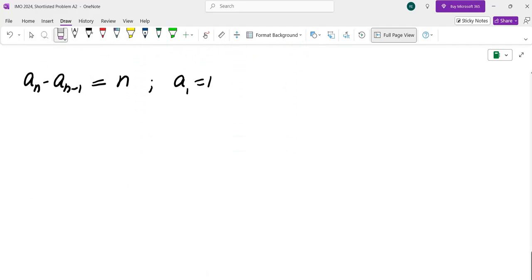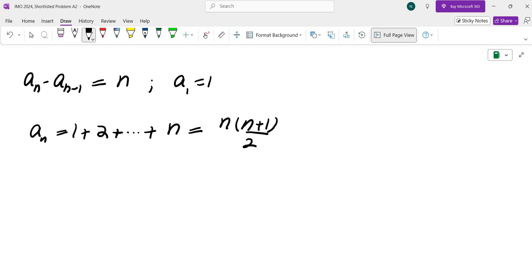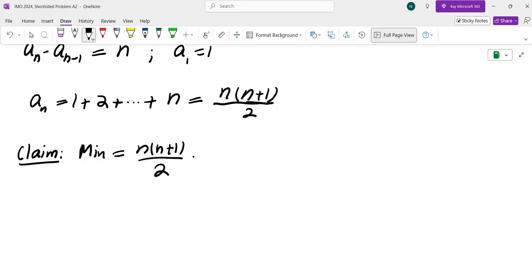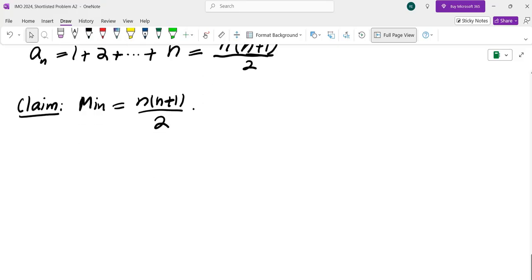If you take that, then it means it is the sum from 1 through n. So that's the answer. We suspect that the minimum, I'm going to call the minimum a_n, is n times (n plus 1) over 2. So this is the claim: the minimum is n times (n plus 1) over 2. Naturally, we're going to use induction for this one.